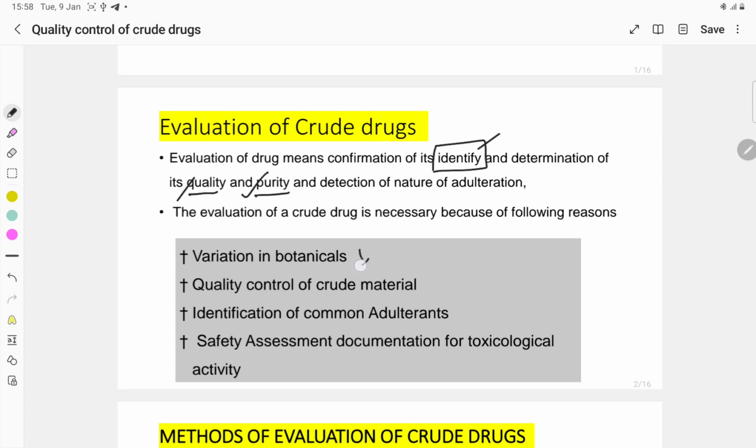First point is that there is a change or variation in botanicals related to crude drugs obtained in the market.